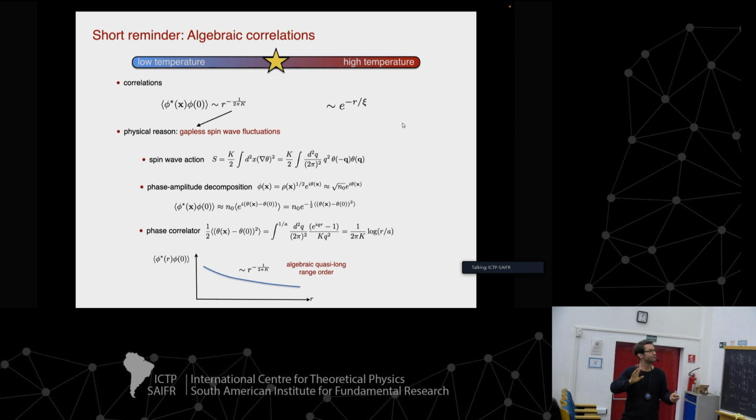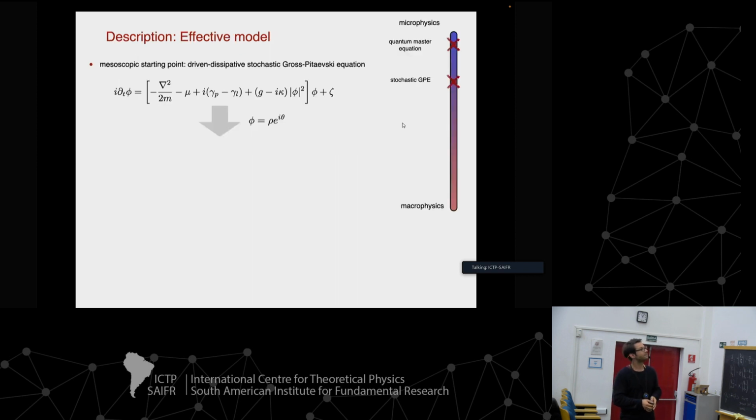And this is what we now want to challenge. How does this behave out of equilibrium? We want to know the fate of what is known as algebraic quasi-long-range order. To this end, we are now very flexible with formulations.